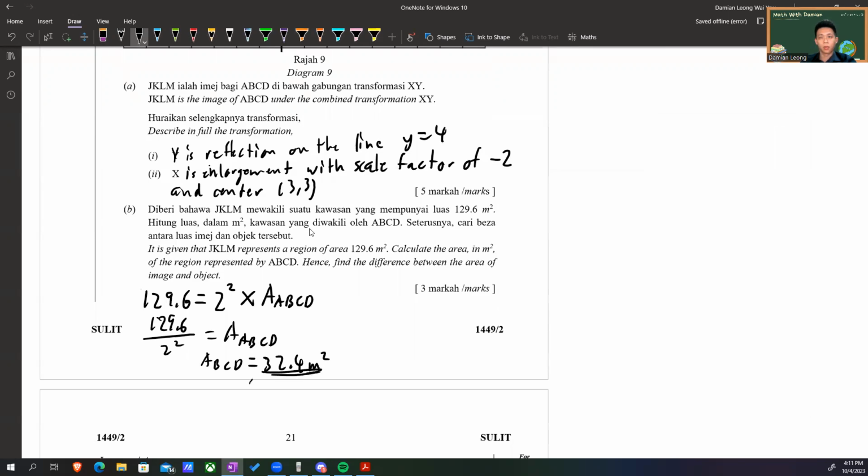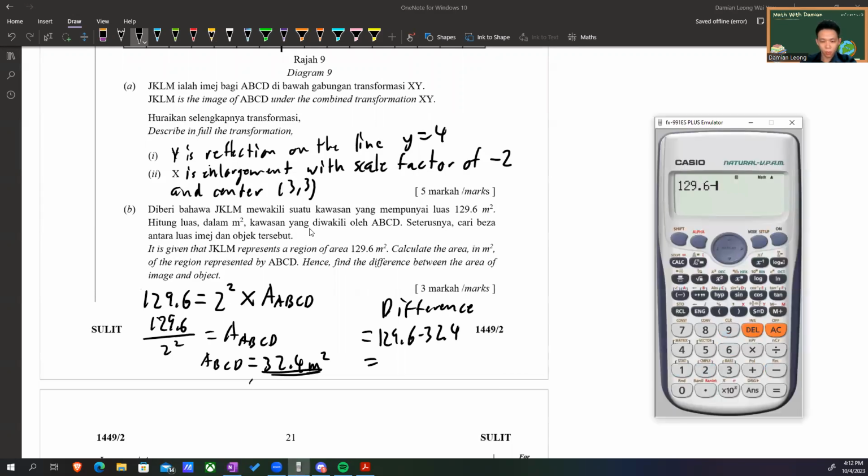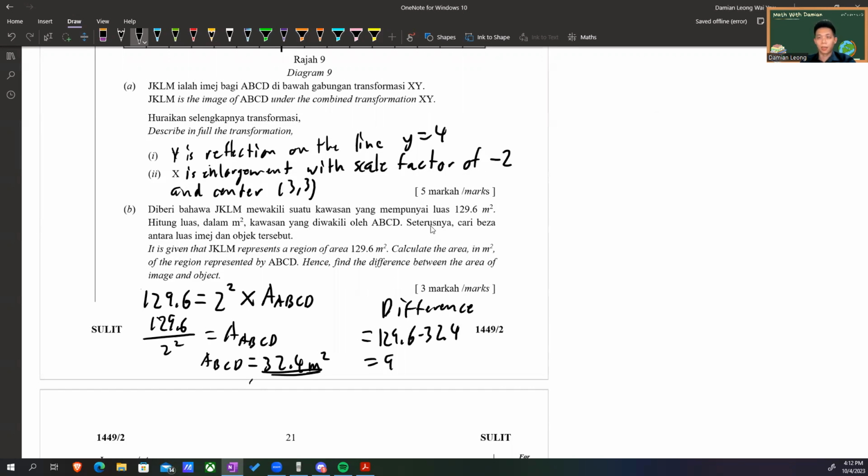Then for their difference, I just minus: 129.6 minus 32.4 gives us 97.2 meters square. That's it.